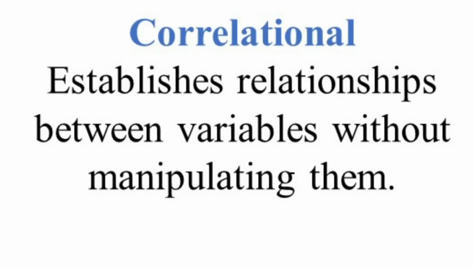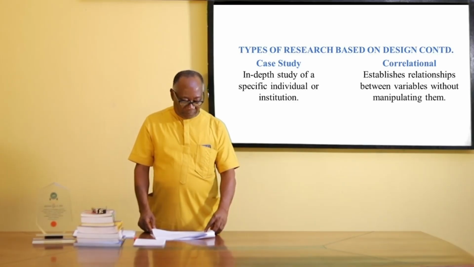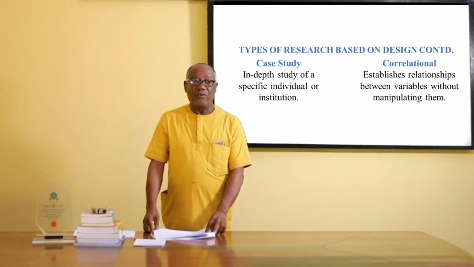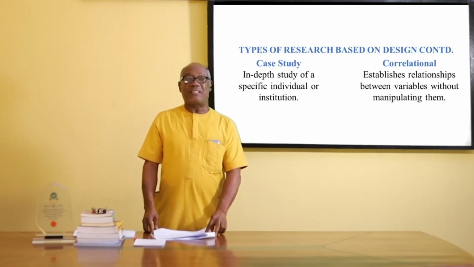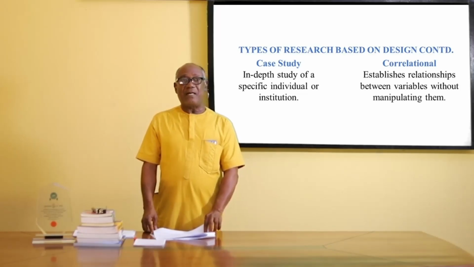Now, correlational research looks at the relationship between 2 or more variables without establishing a cause-effect relationship. Now, in it, there is no manipulation of variables. You can also generalize from the sample you studied to the population from where the sample was drawn.